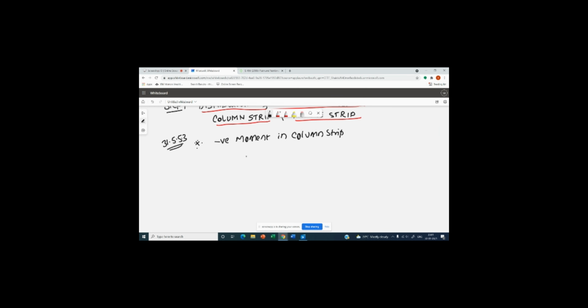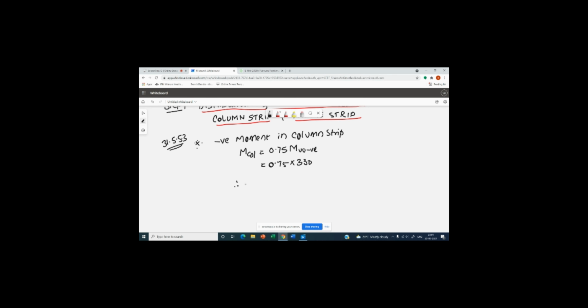So negative bending moment in the column strip will be equal to 0.75 times Mu negative, that is 0.75 into 330, 75%.